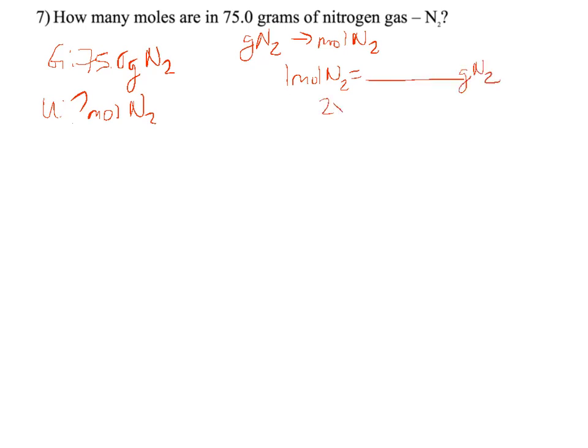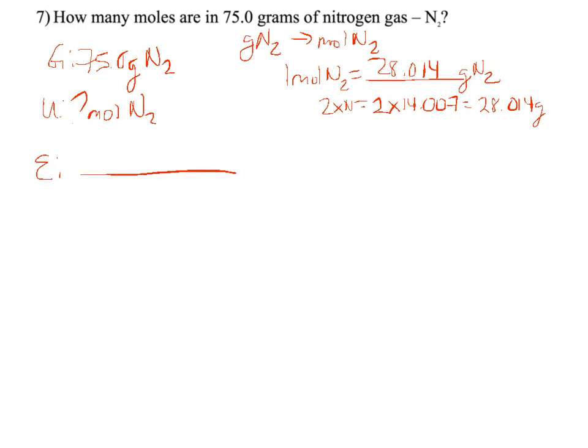We have 2 nitrogens in the nitrogen molecule, so that's 2 times 14.007, which is 28.014 grams. We'll put that up in our blank for our equivalent statement.